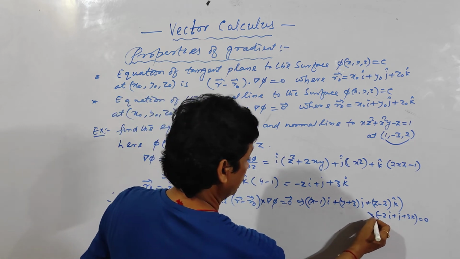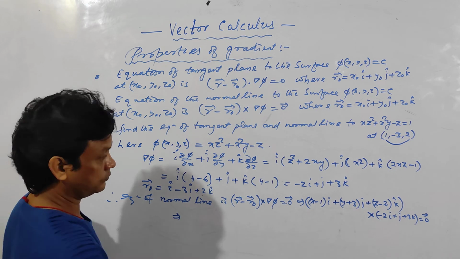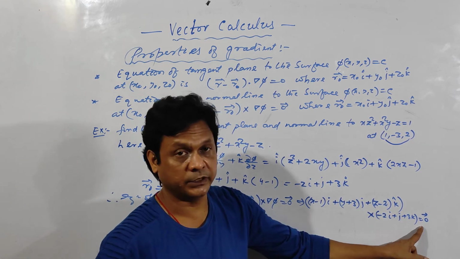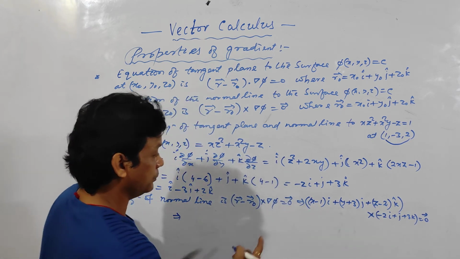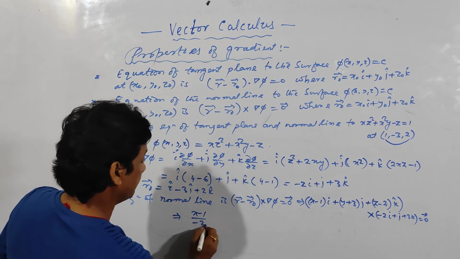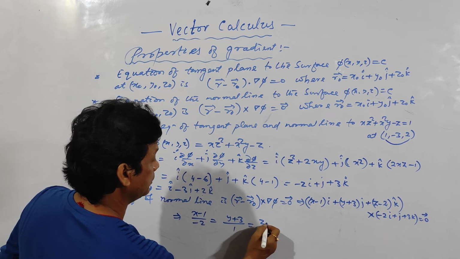So this will become a cross product equal to 0 vector. That means they are parallel to each other. And if two vectors are parallel to each other, what is your format? X minus 1 by minus 2 is equal to y plus 3 by 1 is equal to z minus 2 by 3.